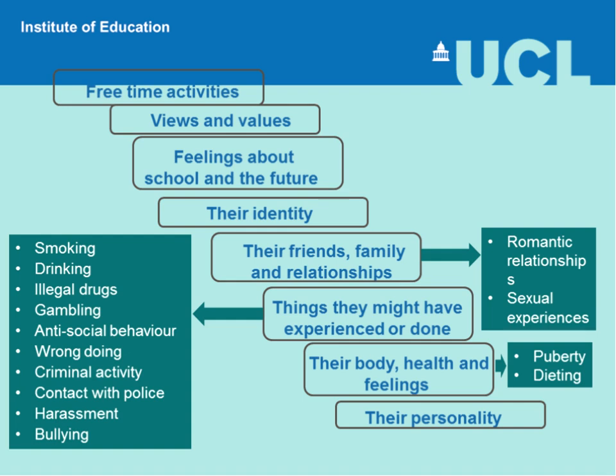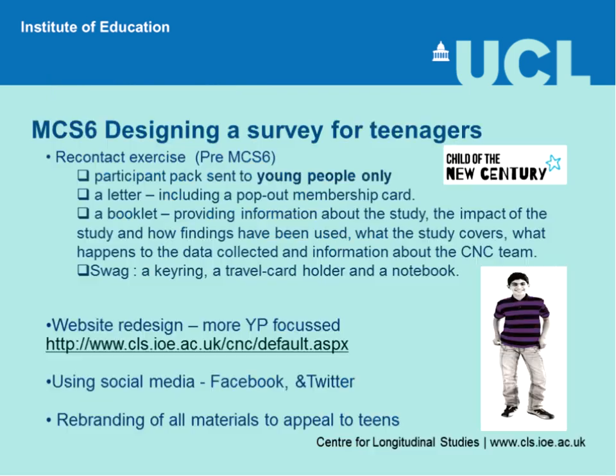There's a lot of questions about things that they may have done or experienced, including antisocial activities, wrongdoing, some criminal activity questions, contact with the police, harassment and bullying, both as a victim and a perpetrator, and also some risky activities that they may be embarking on in terms of smoking, drinking, illegal drugs and gambling as well. We're asking them questions about puberty and diet, and also some more questions about their health and feelings, including their mental health, their self-esteem and their well-being, and also some questions about their personality as well.